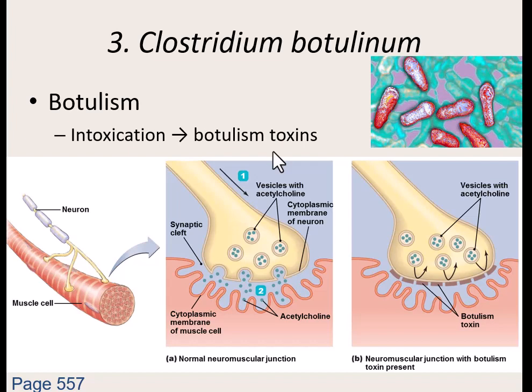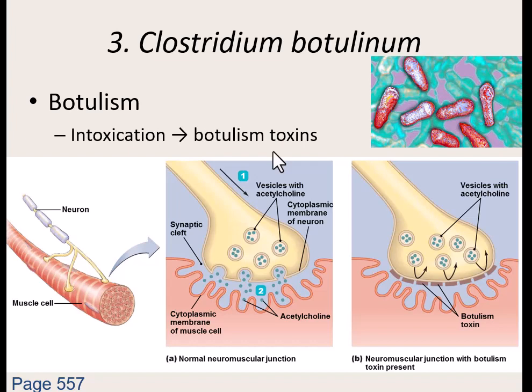Muscles need to contract. What Clostridium botulinum does, it has toxins, those botulism toxins, that cover the end of our axon terminals, which means we can be telling our skeletal muscles to contract, but if this acetylcholine can't leave the axon terminal, cross the synaptic cleft, and get to our skeletal muscle like it's supposed to, because these toxins are blocking it, your skeletal muscle can no longer contract.